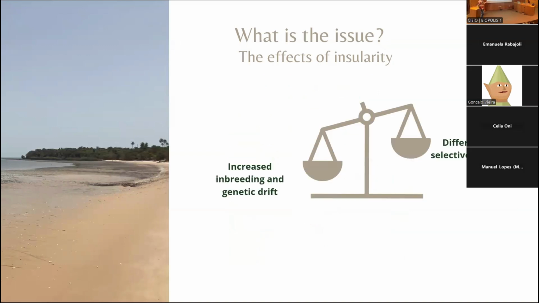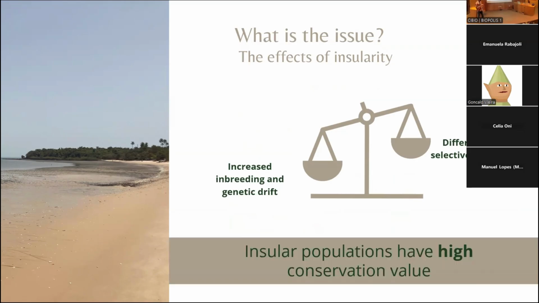So island populations are more threatened because of inbreeding and genetic drift, but there's also a good thing about them: islands are often known to be hotspots of evolution, because of different selective pressures between mainland and island. So there is a lot of interest in preserving insular populations.